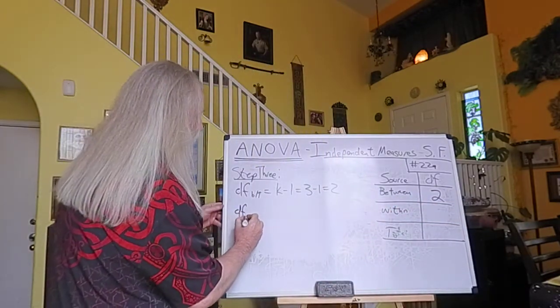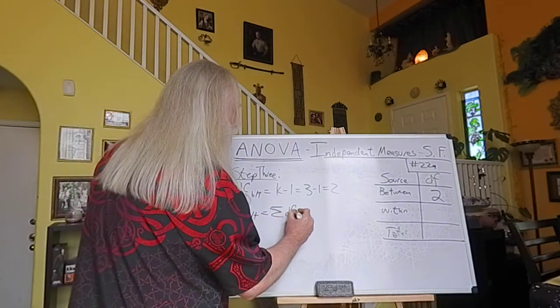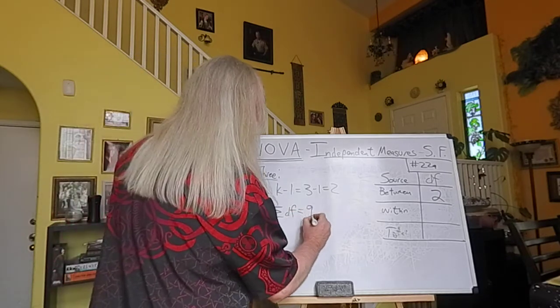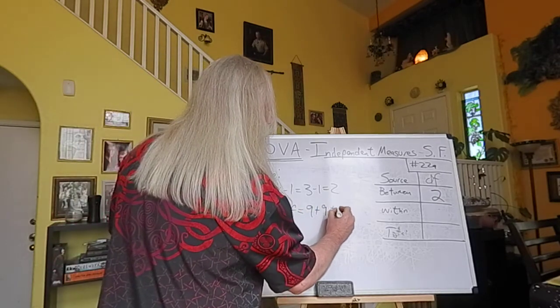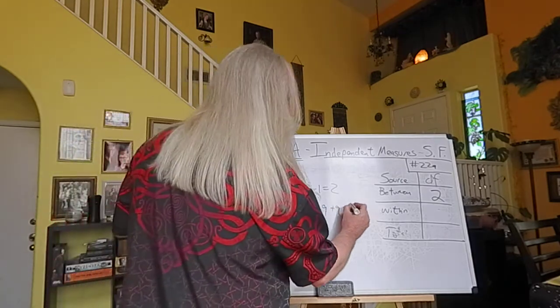Our degrees of freedom within treatments, simply sum up the degrees of freedom for each group. Well, each group has 10 people in it. 10 minus 1 is 9, so we need 9 plus 9 plus 9. So 9 plus 9 plus 9 is 27.